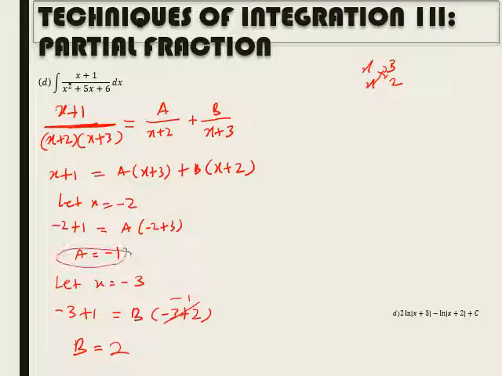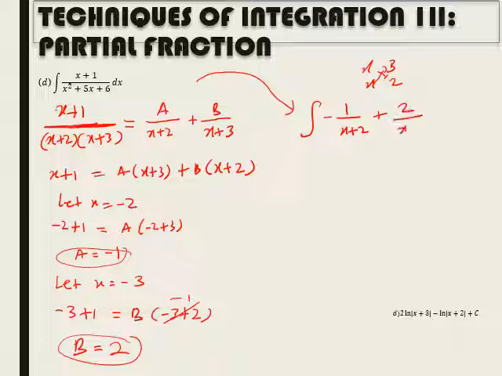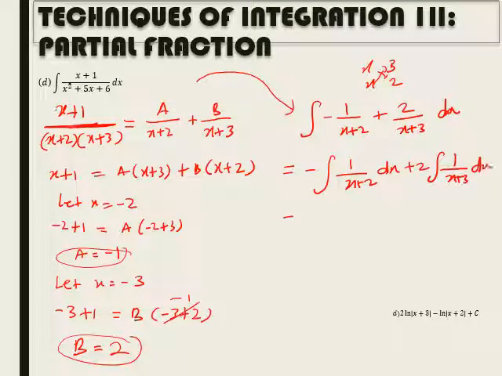Alright, we obtain a and b. So this is actually equals to the integral of negative 1 over x plus 2 plus 2 over x plus 3 dx. We can rewrite it: negative integral 1 over x plus 2 dx plus 2 integral of 1 over x plus 3 dx. So we integrate it now, and we obtain negative ln|x plus 2| plus 2 ln|x plus 3| plus c. Okay, that's it.